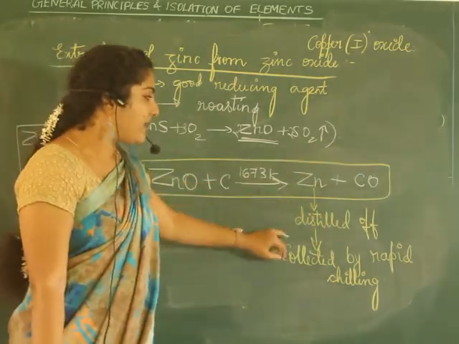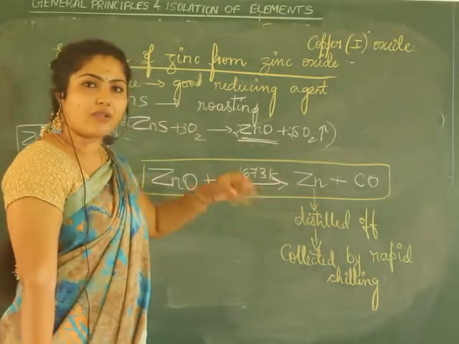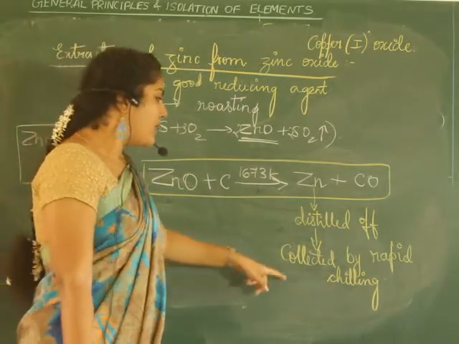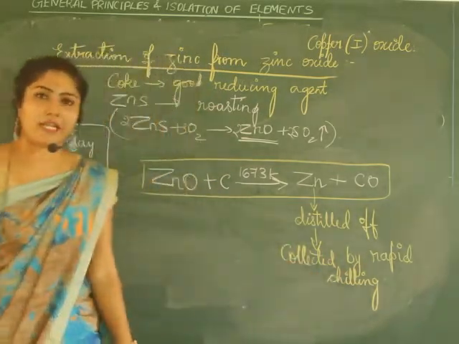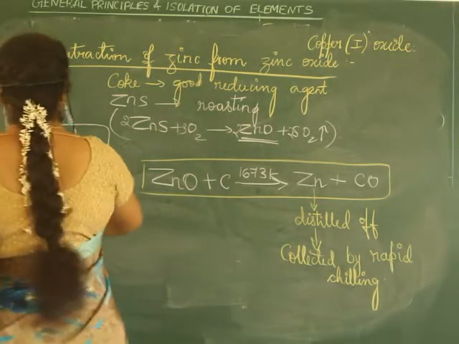And this zinc is subjected to distillation, the process of evaporating and then condensing, and collected by rapid chilling. So this is about zinc oxide. Have a note of it. We'll move on to the next principle.